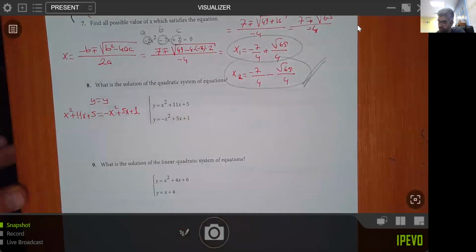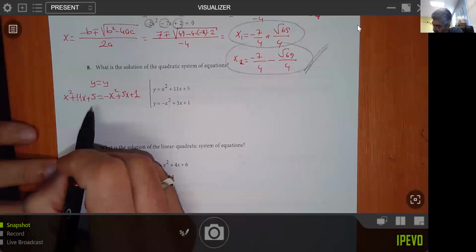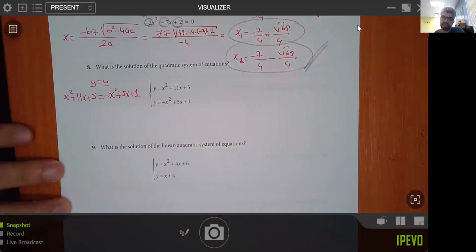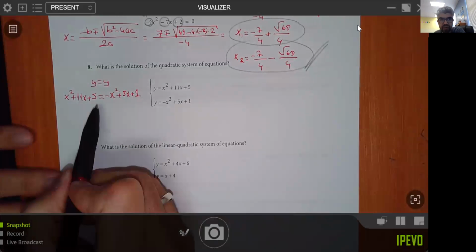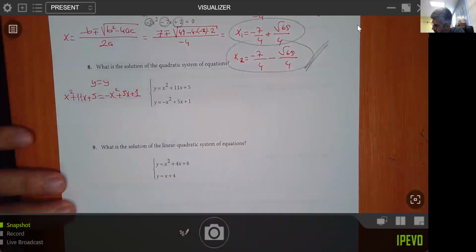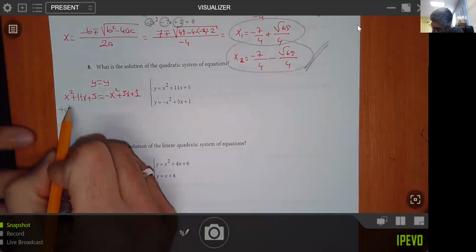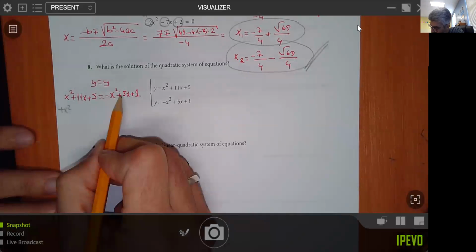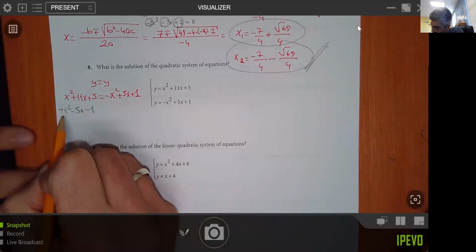All right. From here, let's combine all the terms on the left-hand side. I don't like x squared with a negative coefficient, so I write the opposite of that. -x squared, I write on both sides plus x squared; here plus 5x, so I write minus 5x; plus 1, I write minus 1.